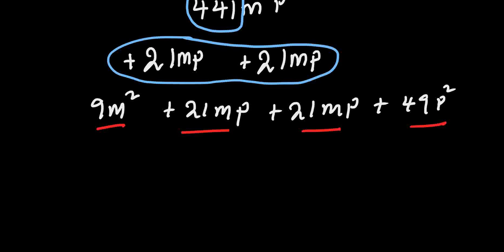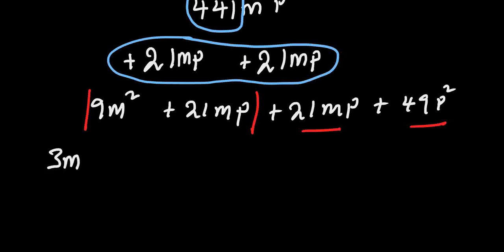So what we are going to do now is to factor these two terms, this and this. Let's factor 9m squared plus 21mp. All right, so now the GCF of 9m squared and 21mp would be 3m.